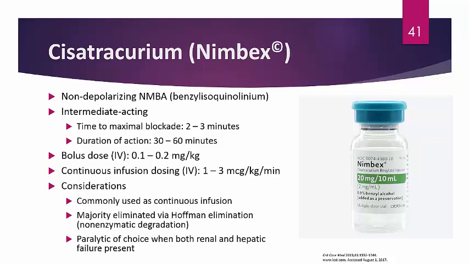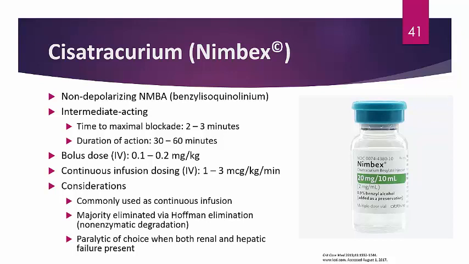So if you have patients who need continuous paralysis, such as patients who have acute lung injury, ARDS, acute respiratory distress syndrome, if they need therapeutic hypothermia after cardiac arrest, or have status asthmaticus, this is probably the drug of choice.